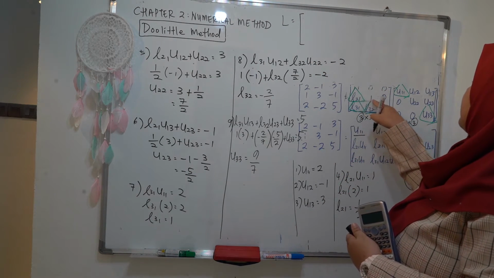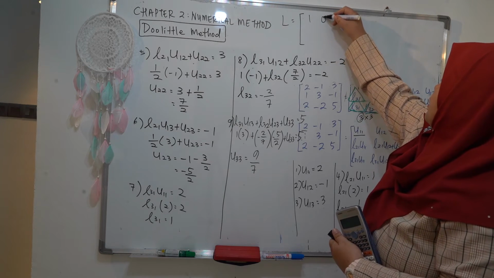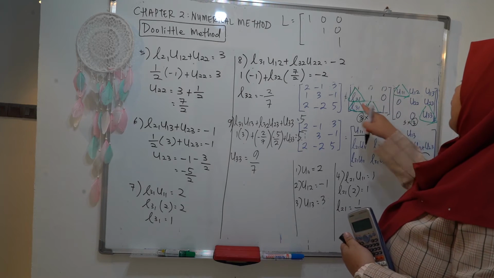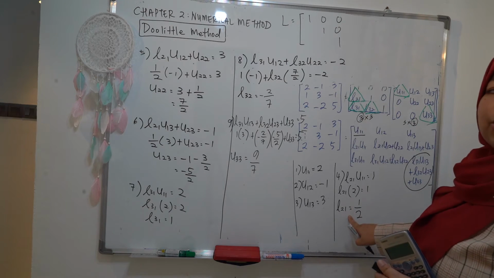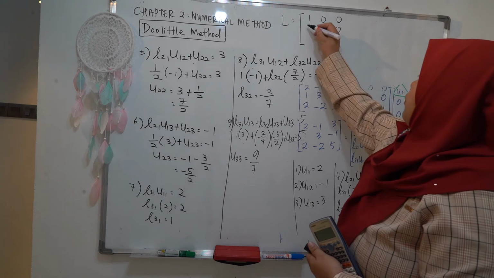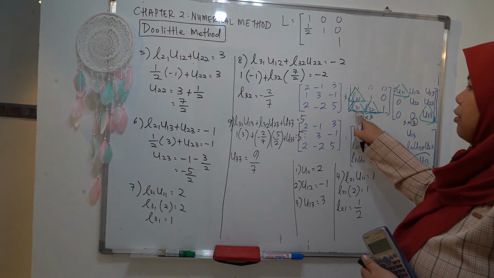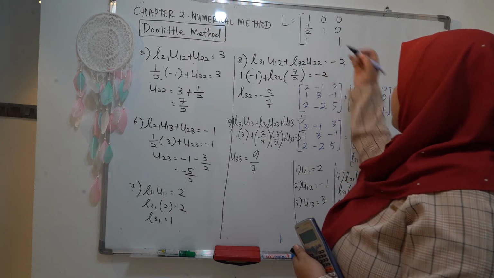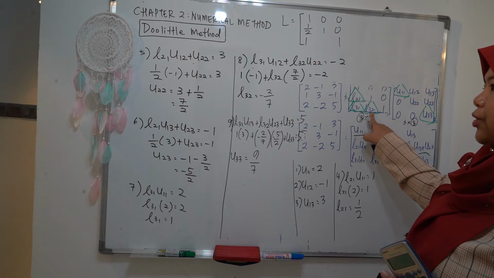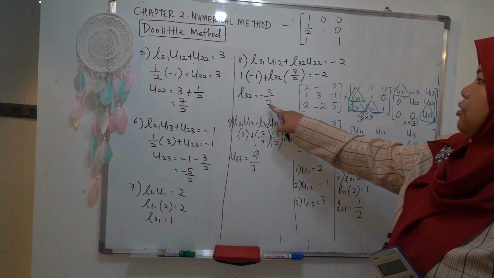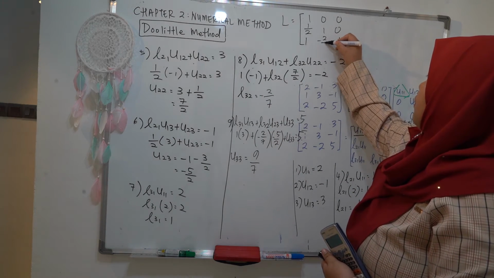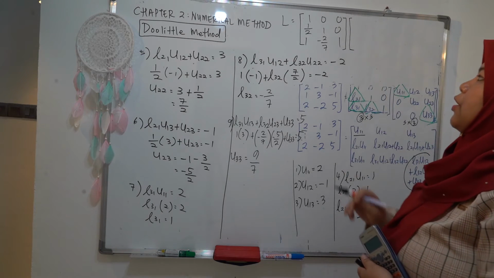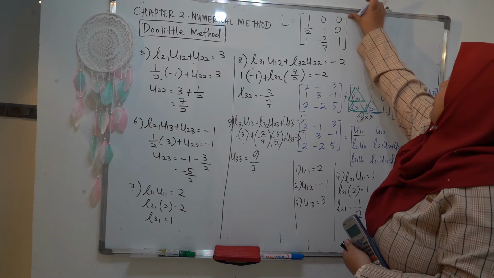This one I just copy paste first: 1 0 0, 1 0, 1. L21 we got here is 1 over 2. L31 I got 1 here. L32 I got negative 2 over 7. So this is the matrix L.